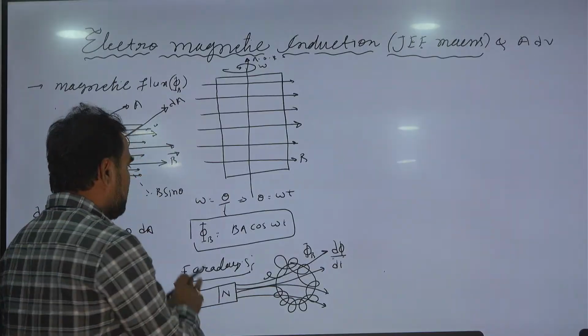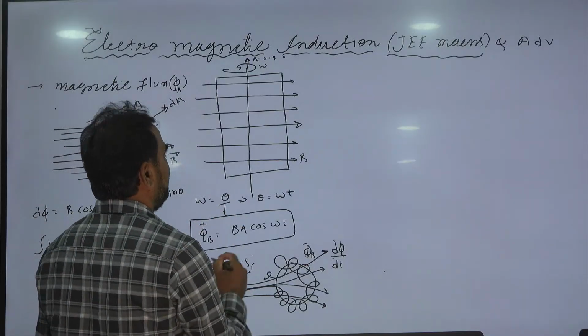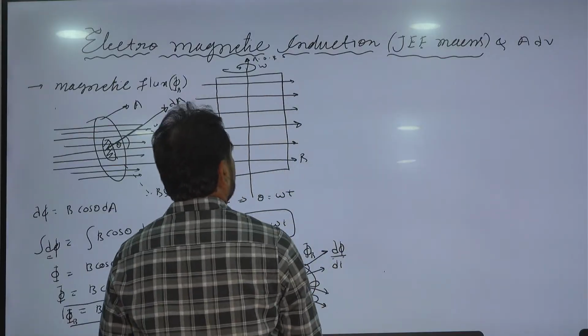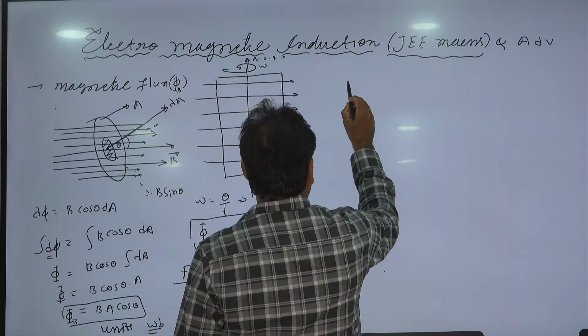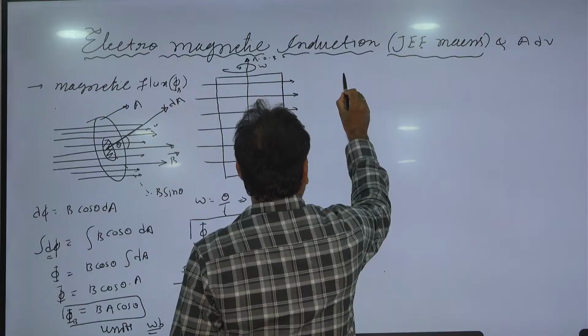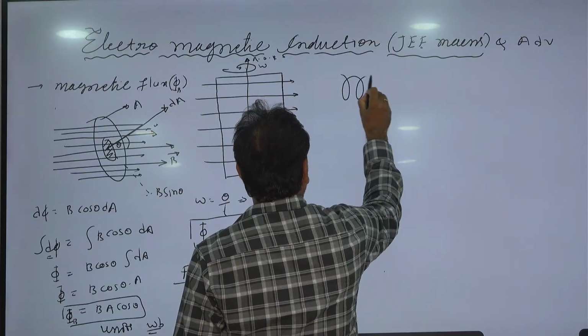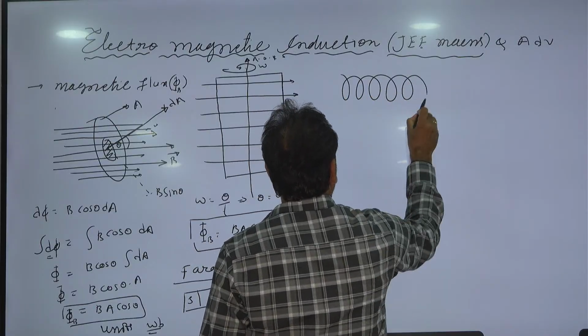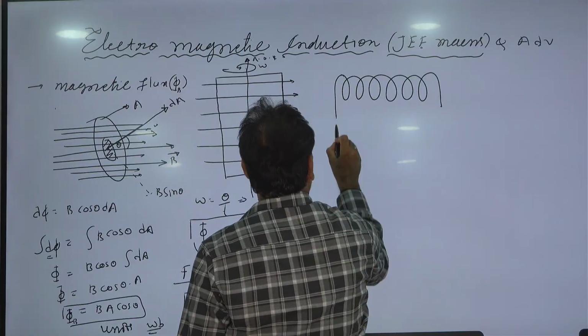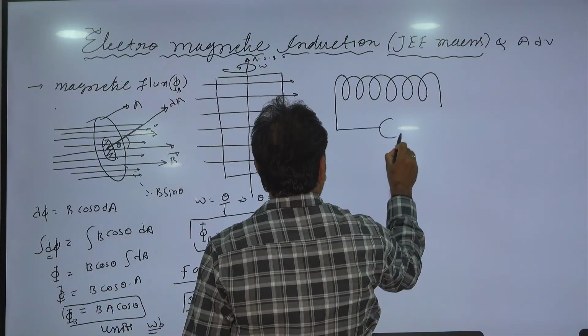So this is called Faraday's law. You can consider one more scenario. Suppose consider a solenoid. This is a solenoid. Across this, an ammeter is connected like this.